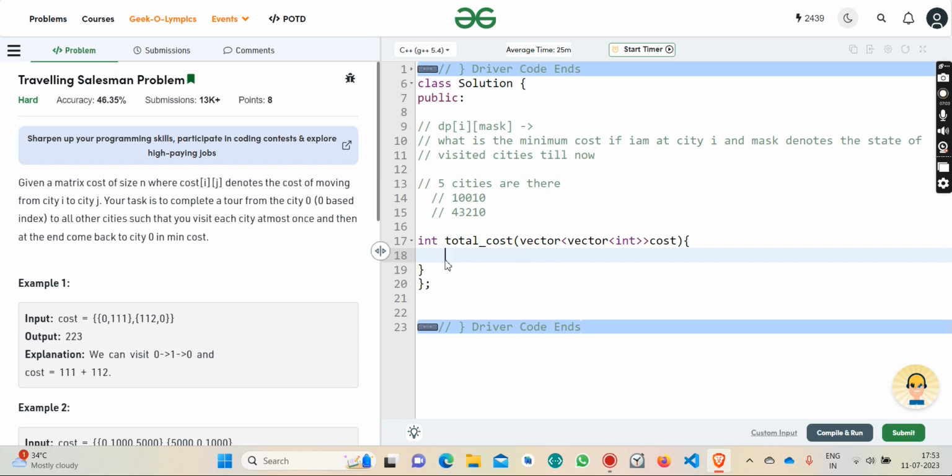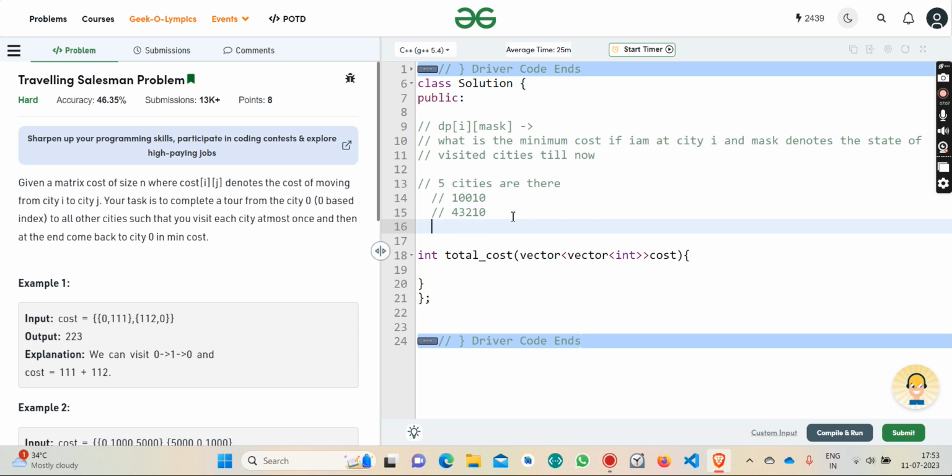Suppose now, if I consider that only 5 cities are there, then what will be the mask that I can confidently say that I have visited all the cities and no cities have been left to visit? Obviously it should be 1 1 1 1 1, 5 ones.